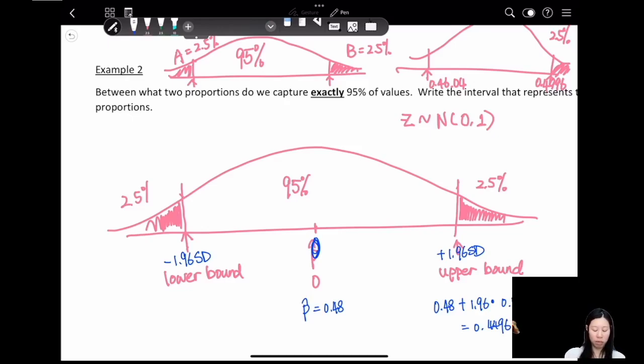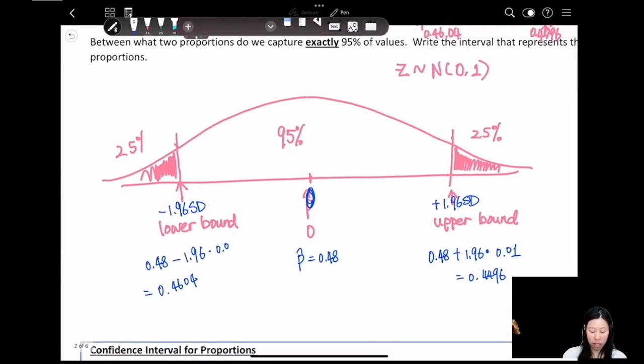And now we also need to find the lower bound. The lower bound should be the standard mean, which is 0.048, subtract 1.96 times its standard deviation, which is 0.001. So use a Google calculator, you will find out that, hey, this is equal to 0.4604.